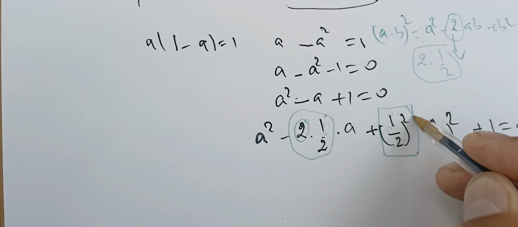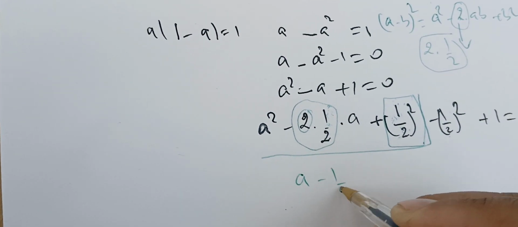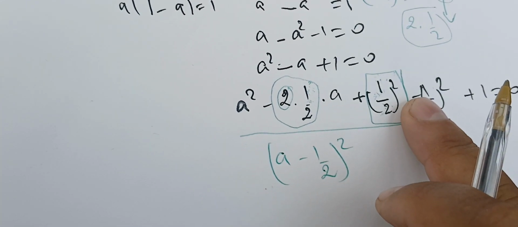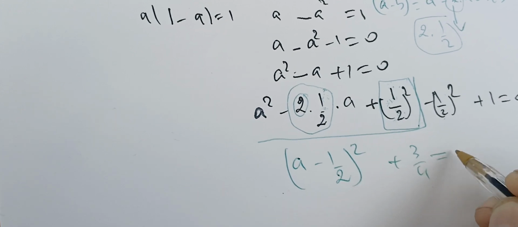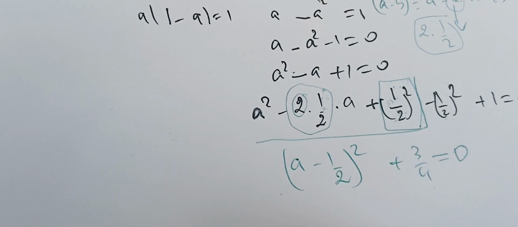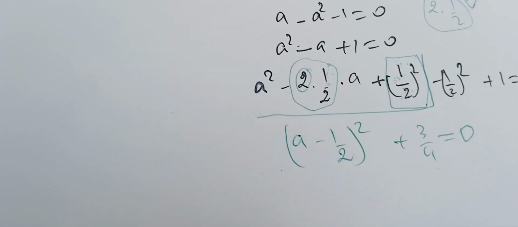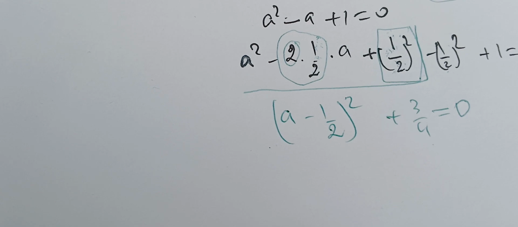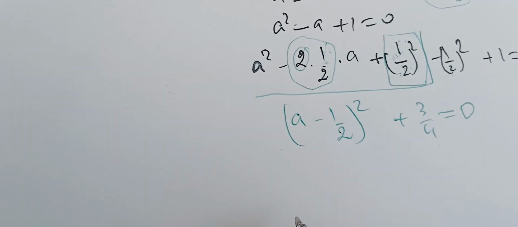After that, we notice that this is a minus 1/2 squared. And here we have minus 1/2 squared plus 1, which is 3 over 4. Okay, so now what can we say? This equation can never be 0. Why? Because this number is a square, so it's always positive.